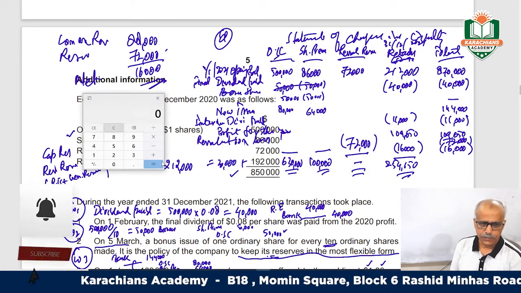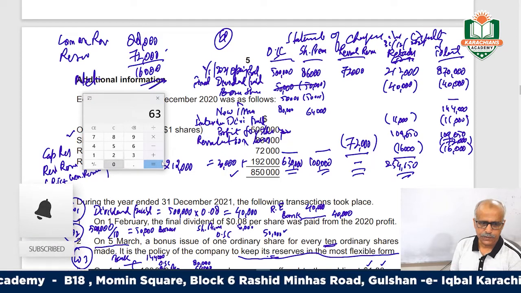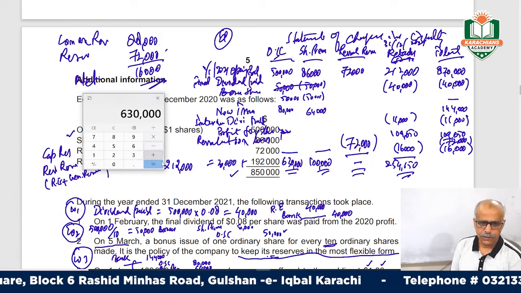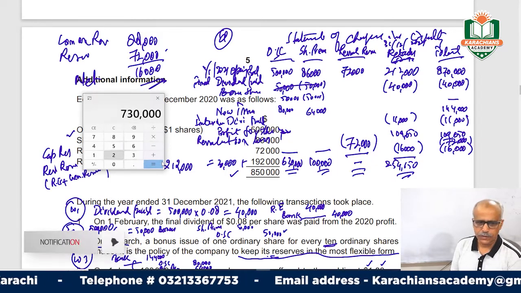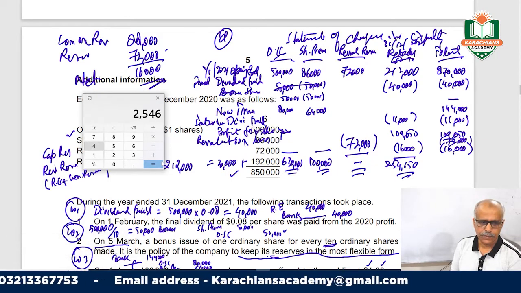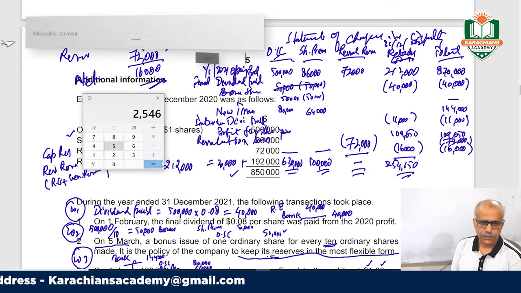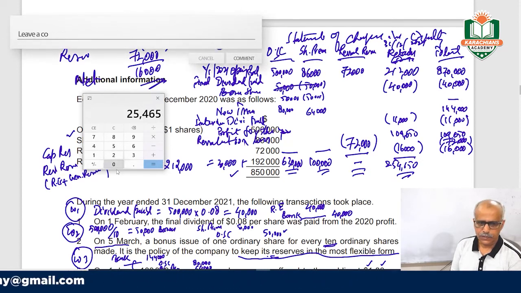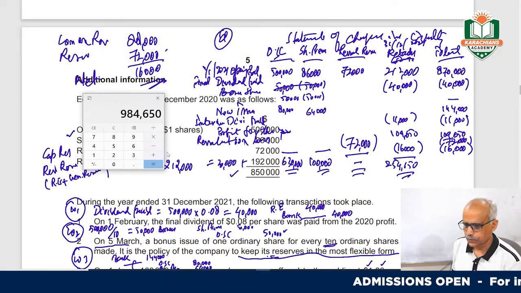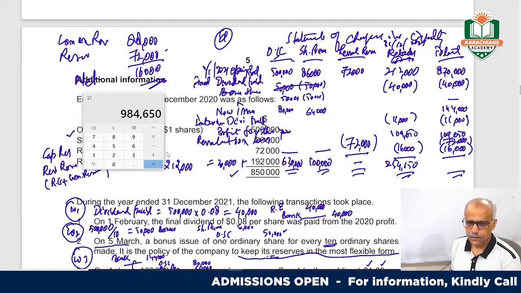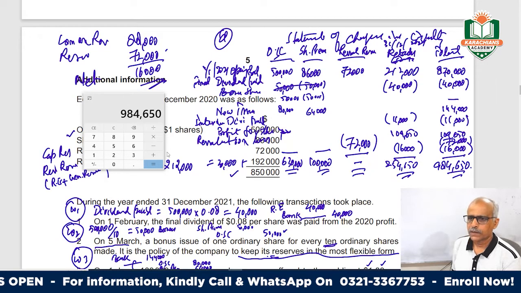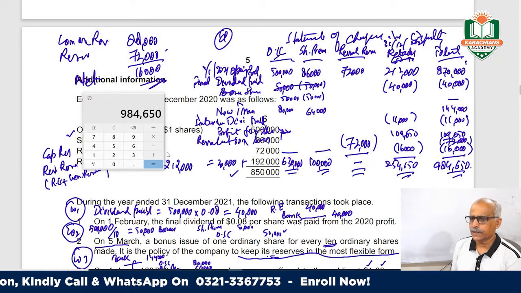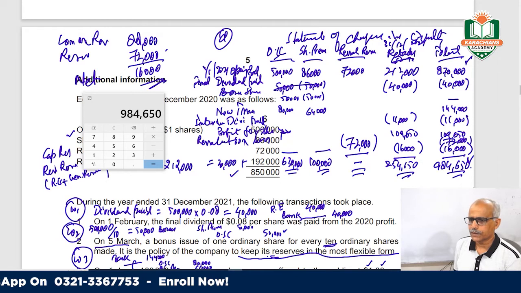So we can do 630,000 plus 100,000 plus 254,650. That is 984,650. So your equity would be 984,650. So this was your opening equity, and this will be your closing equity, right?